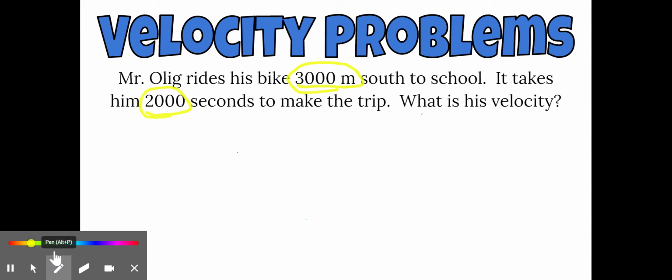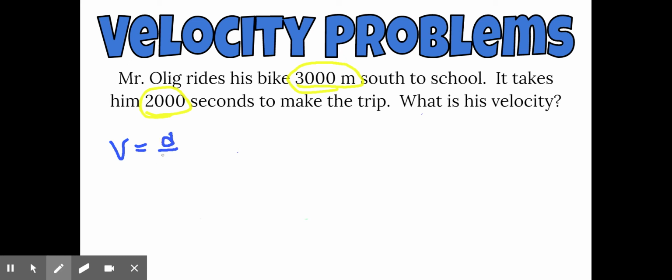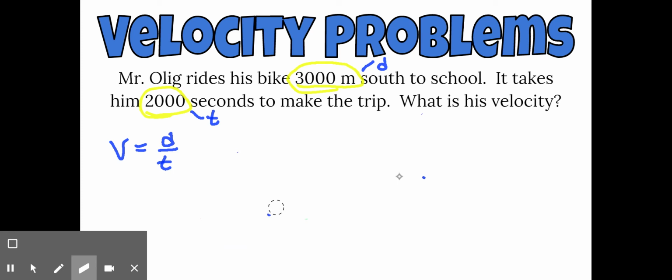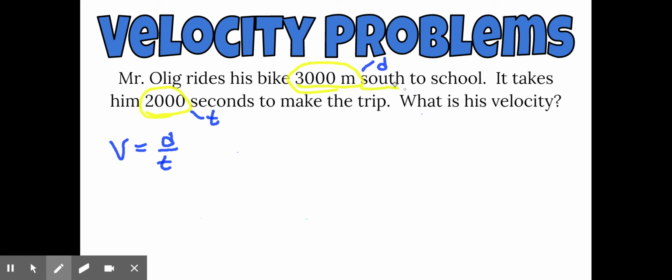If we have an equation of velocity equals distance over time, we know that our distance here is 3,000 meters and our time is 2,000 seconds. So now we can sub those in. And yes, I know we are forgetting to put in south right away, so we'll save that for the very end because that is our direction.